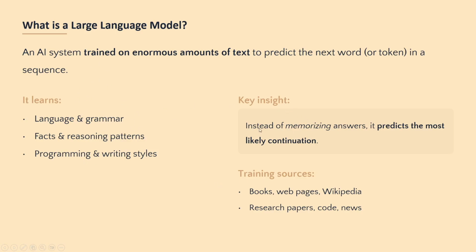What is the key insight towards it? Instead of memorizing the answers, it predicts what is likely to be next. And this prediction again refers to the attention mechanism that we did internally. And how does it get trained?